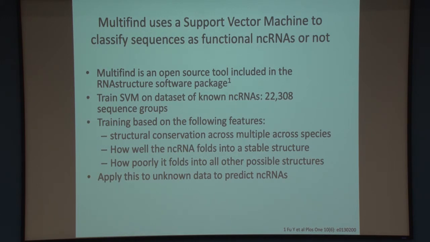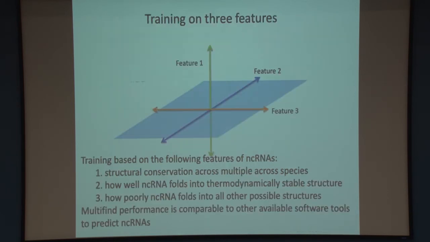The 3 different features are like 3 different dimensions in space. One of the features is the conservation of the structure, so how well it forms a structure across multiple species, and then how well it folds into a stable thermodynamic structure, and how poorly it folds into other structures. And they applied this to unknown data to predict new non-coding RNAs.